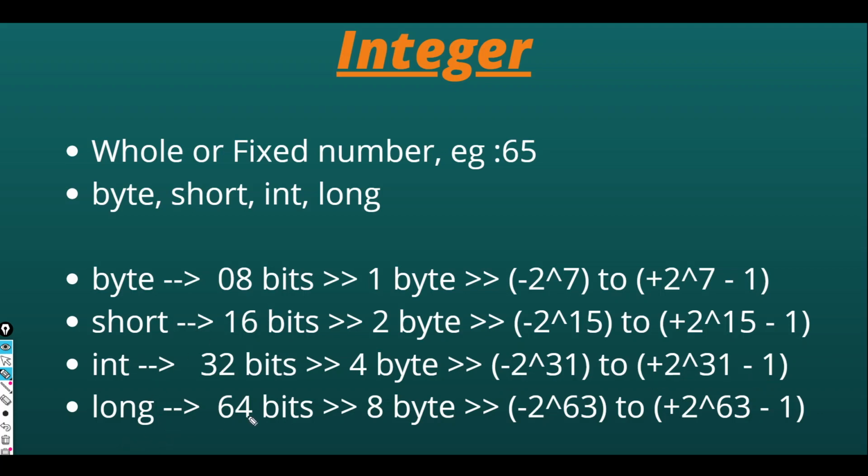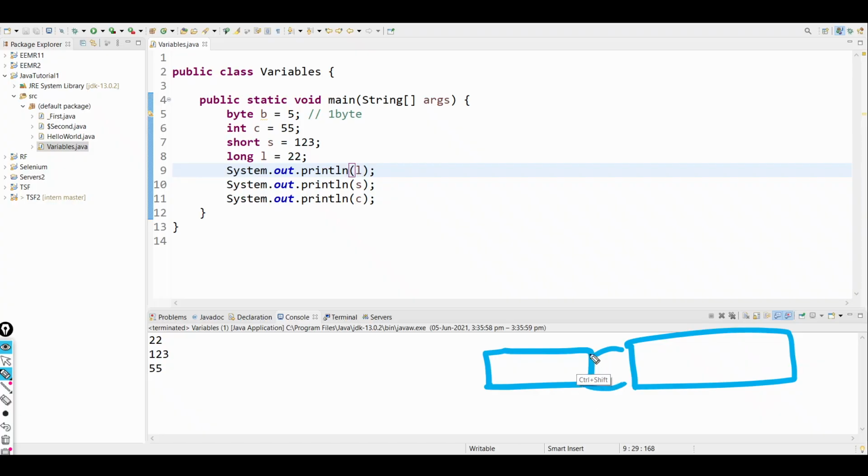So now what is the range of long? It is minus 2 power 63 to positive 2 power 63 minus 1. So if I want to give a value to a long that is greater than the int range, if the value is outside this range, then you need to give a trailing L.